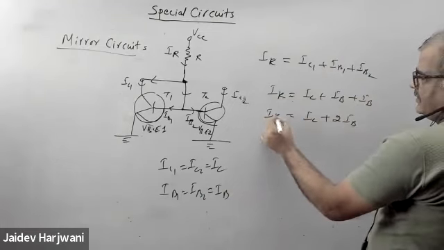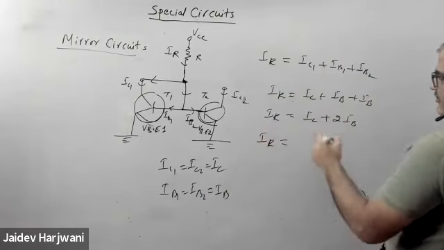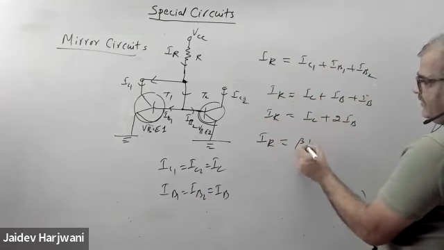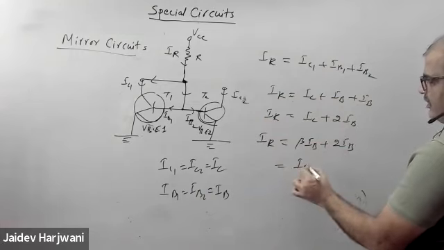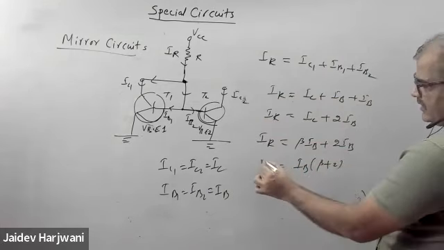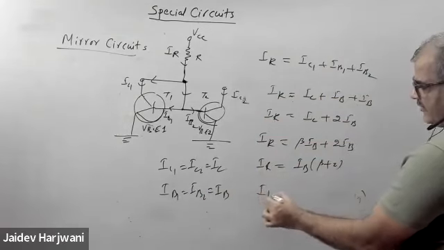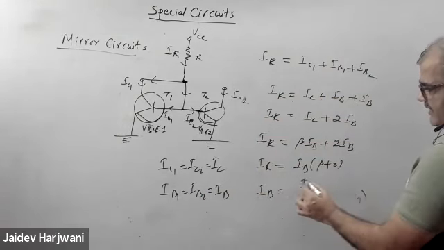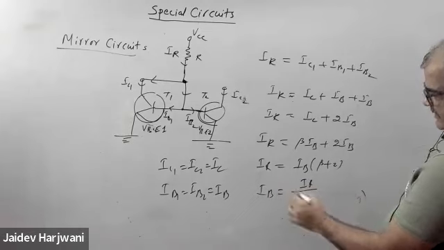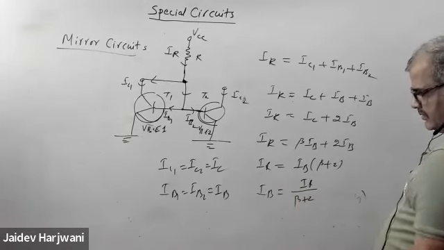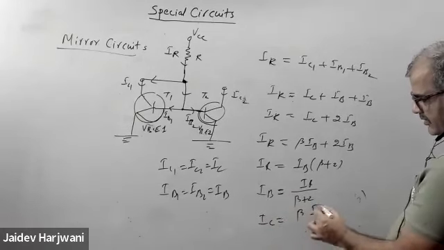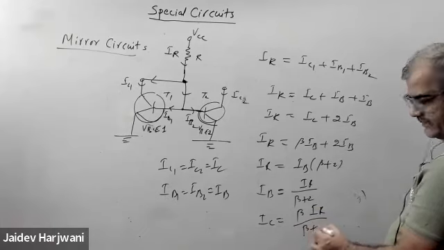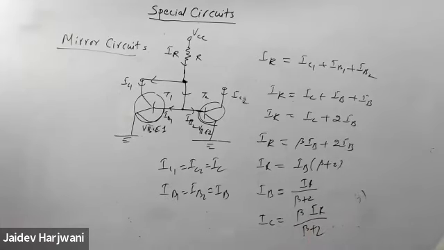Now your IR will be what? If you know IC you can write it as beta IB. Then you have 2IB. So you can take IB common. This will become IR equals IB times beta plus 2. So if you want to calculate IB, IB will be simply IR upon beta plus 2. And IC will be simply beta times IR upon beta plus 2. ऐसे क्वेश्चन में IC पूछता है जनरली.